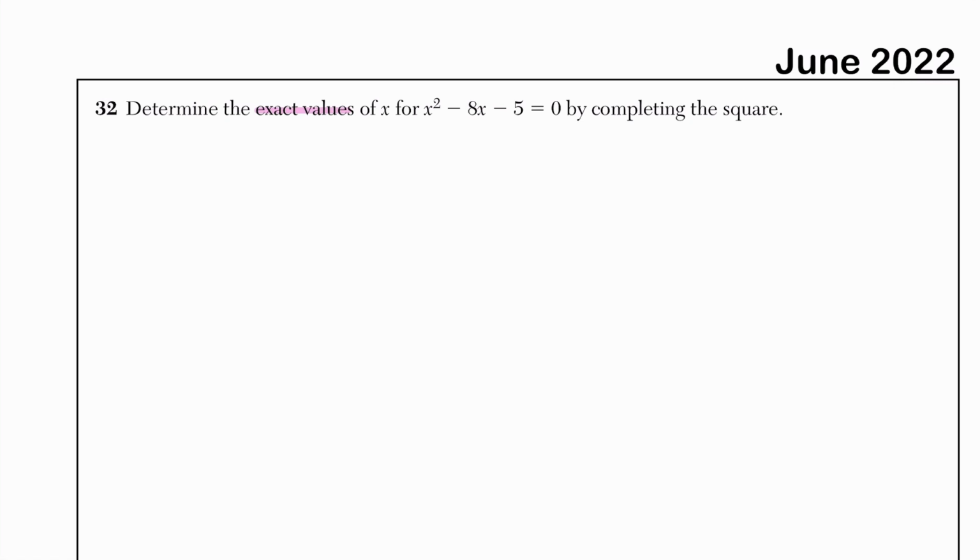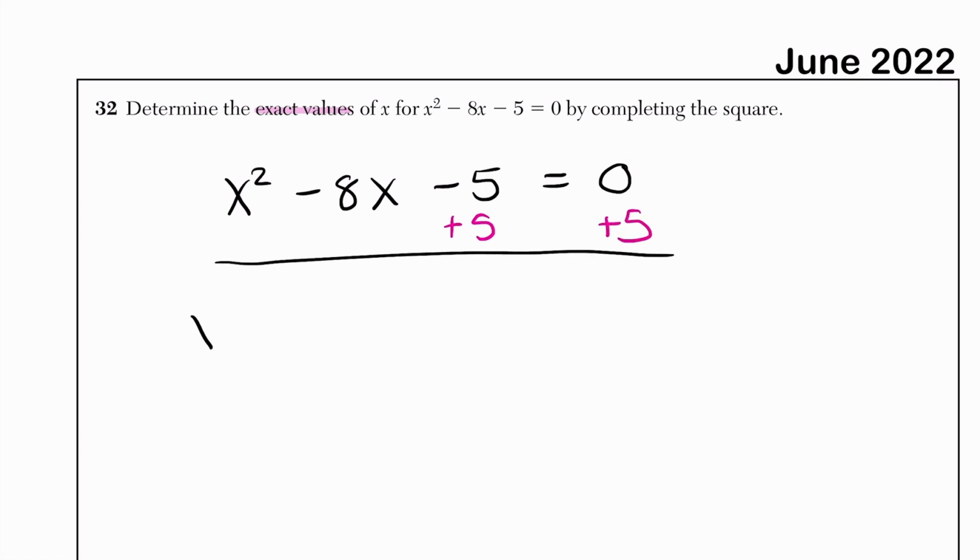So if I was to start by just writing down this expression, x squared minus 8x minus 5 equals 0, you might start by saying that that is not a perfect square trinomial. And I agree with you. That 8 and that 5, they just don't talk to each other. So we're going to get rid of that 5. We're going to add it to the other side just to get it out of the way. And we are going to be left with x squared minus 8x equals 5.